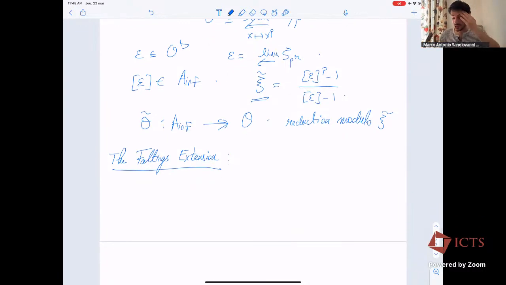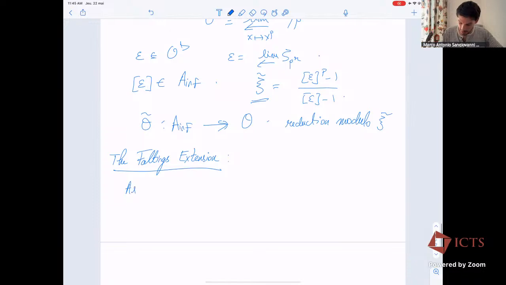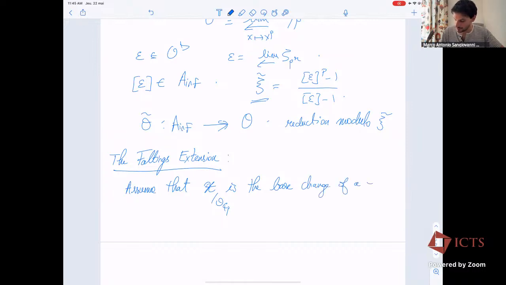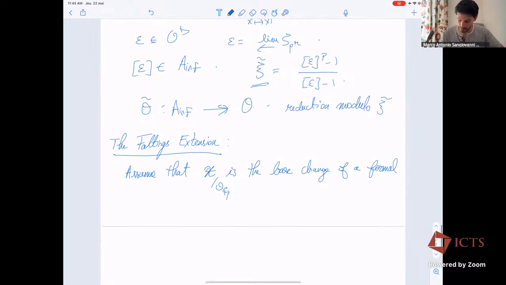To define this extension, we assume that X is the base change. So recall X was over O_{C_p}. So this was over O_{C_p}, the base change of a formal scheme over Z_p, or really any finite extension of Q_p will do.